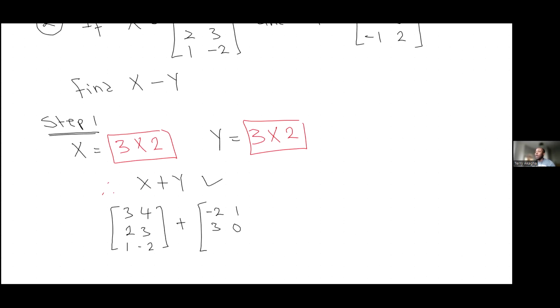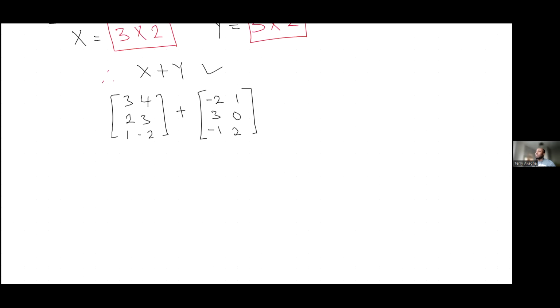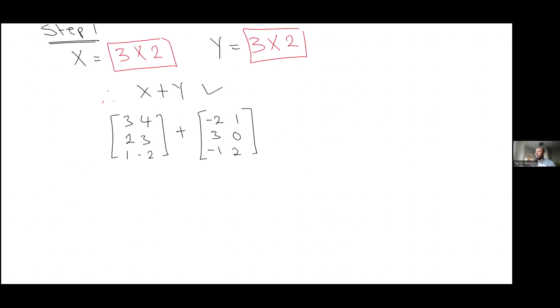So that means we need to add both of them.